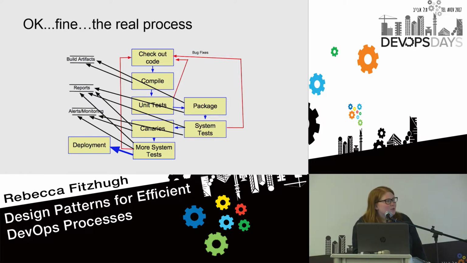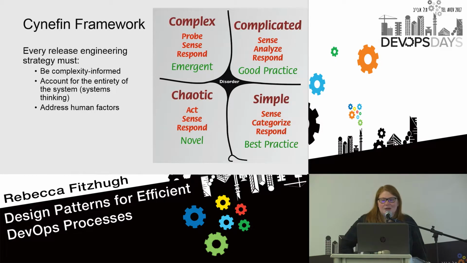So we know that this is a little bit more realistic. It's not beautiful. It's not very efficient compared to, say, the very beginning, but it's fairly accurate. Now, the thing that I want to point out when we talk about release engineering is something called the Cynefin framework. Has anybody ever heard of this? Okay.